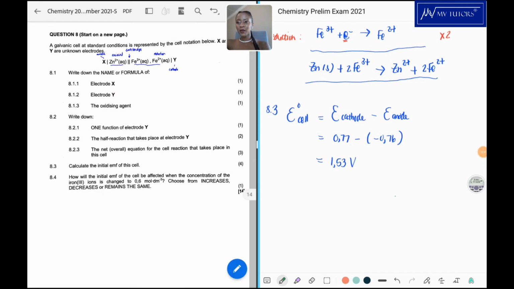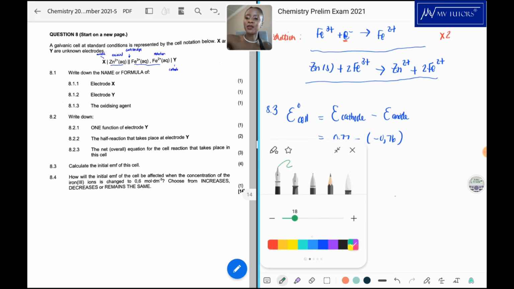Okay, the final question. How will the initial EMF of the cell be affected when the concentration of the iron 3 ions is changed to 0.6? Remember, under standard conditions, your concentration is 1 mole per cubic decimeter. So now we went from 1 mole.